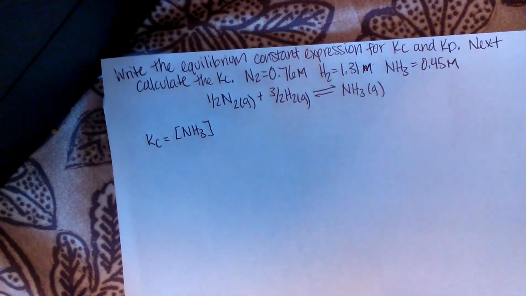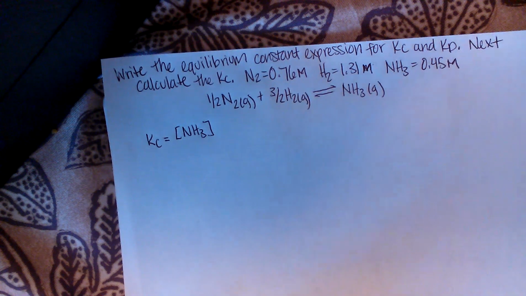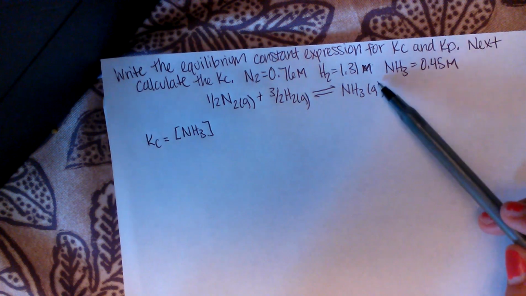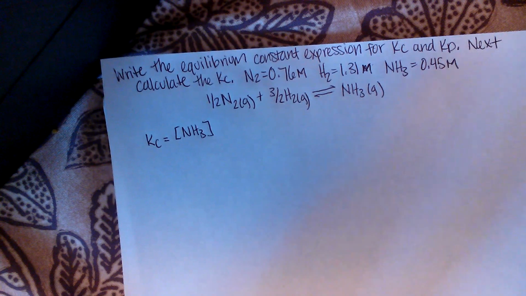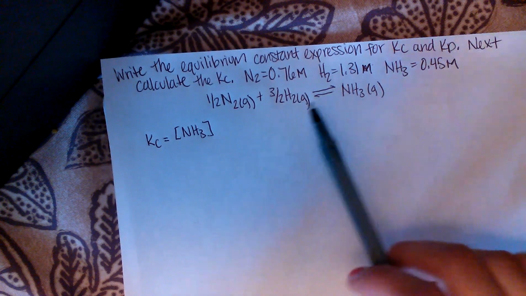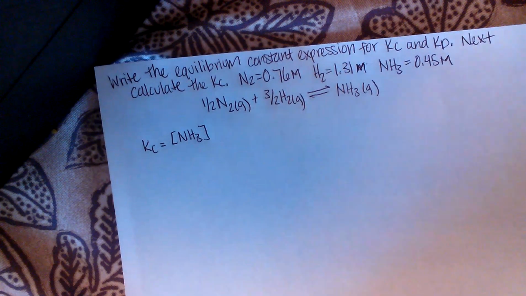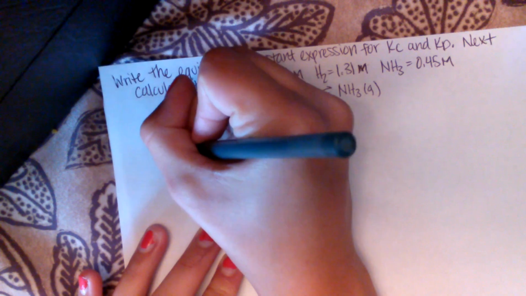So for example, if NH3 was a liquid, then you would not include it in your Kc expression. But in this case, since NH3 is a gas, you can include it along with H2 and N2 because they're all gases. So anyway, the product NH3 over the reactants.